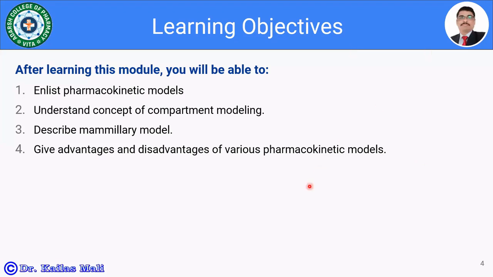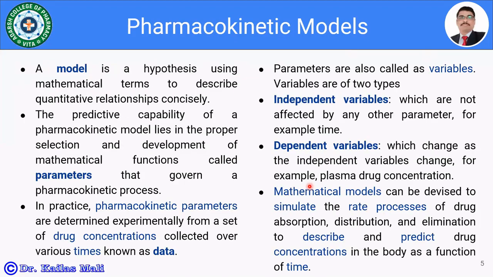Let us move towards the pharmacokinetic models. So in pharmacokinetic model, two terms are there. First one is pharmacokinetic and second one is the model. So there is a need to understand what is meant by the model.